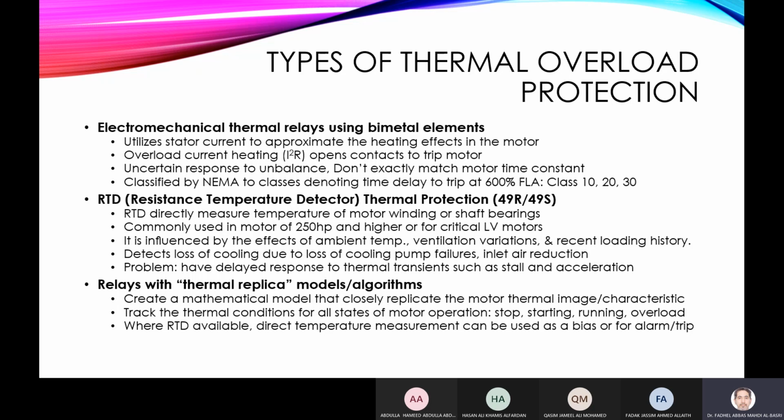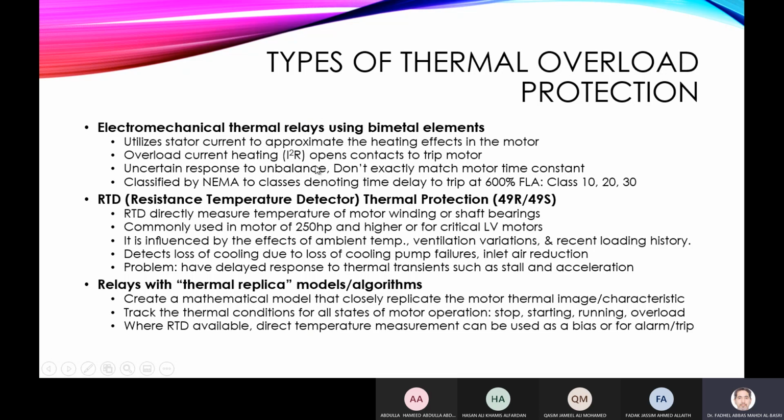So what is the maximum allowable time you want to wait before this thermal overload acts? If you put class 10, it will wait 10 seconds at 6 times the full load. If you put class 20, it will wait 20 seconds at this current, and class 30 gives a 30 second delay.